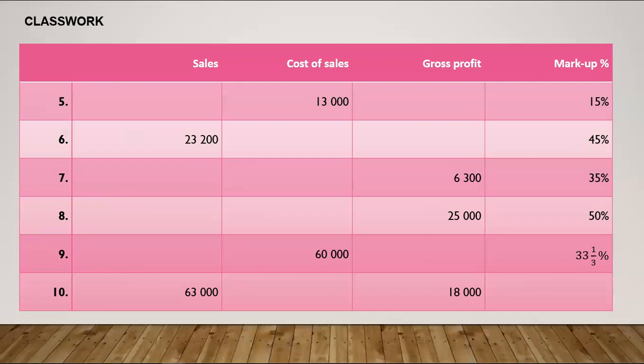All right, you'll realize that for number 5, you were given a markup of 15%. You need to first start by writing percentages. It means that gross profit will be at 15%. Cost of sales is always at 100. 100 plus 15 will give you sales, which will be at 115%.